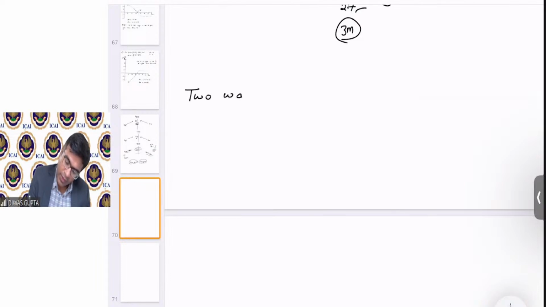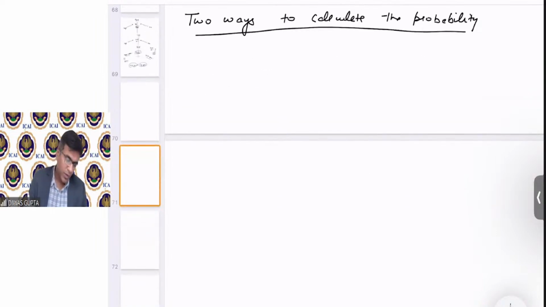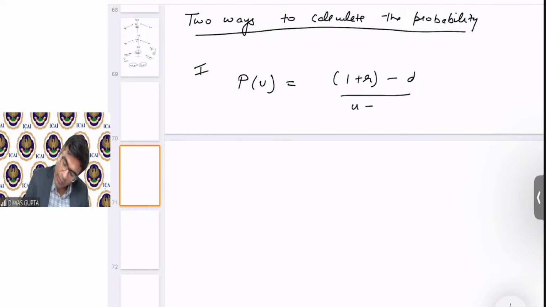So if you ask me, there are two ways to calculate the probability. Okay. So the first way, the probability of prices going up is equal to (1 plus R minus D) whole divided by (U minus D).